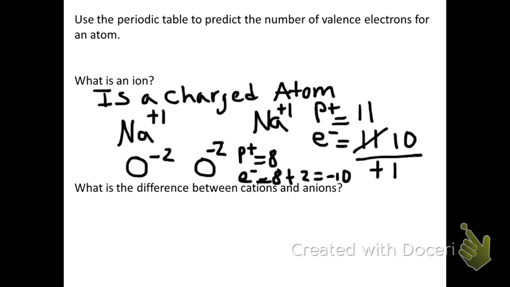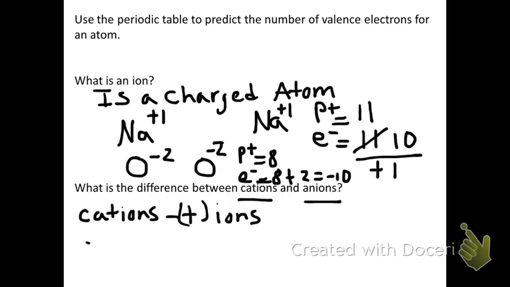Okay, so now we're going to talk about the difference between cations and anions. Cations are positively charged ions, and anions are negatively charged ions. So in the case above us, sodium would be considered a cation because it's positively charged, and oxygen is considered an anion because it's negatively charged.